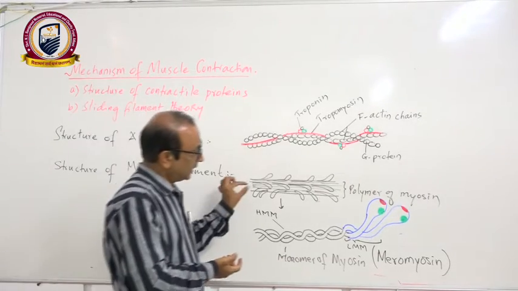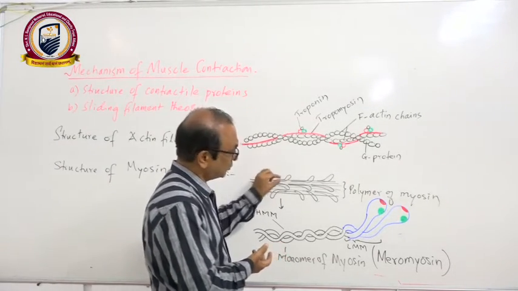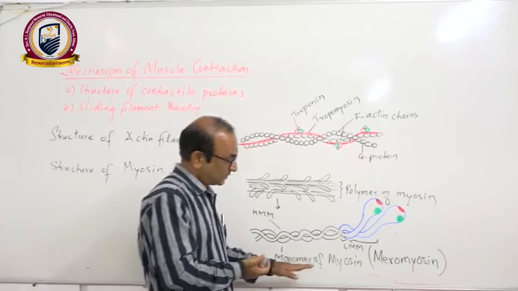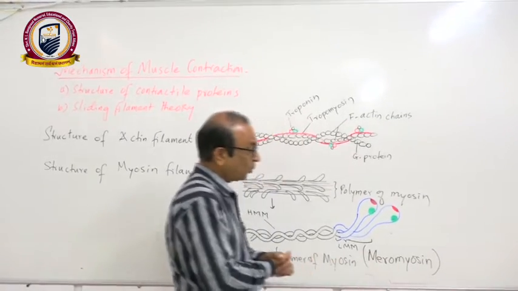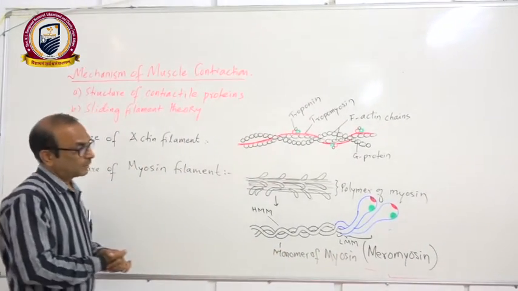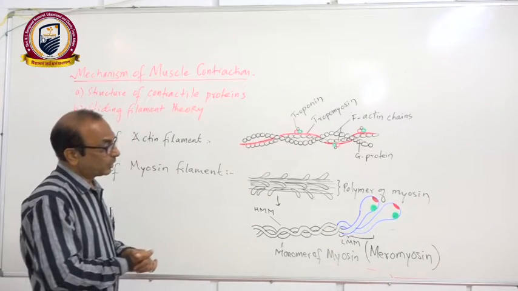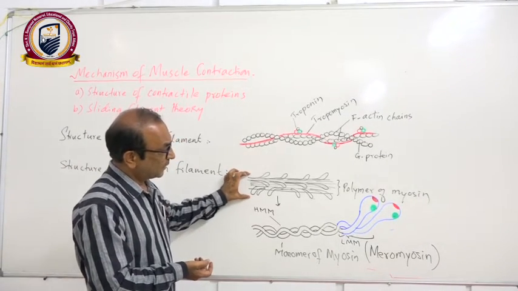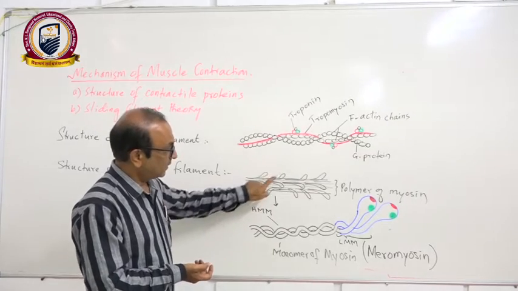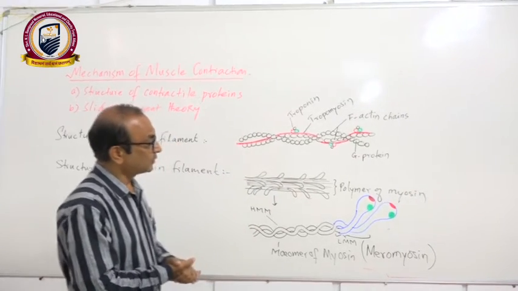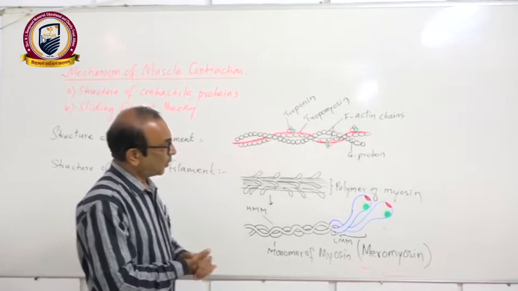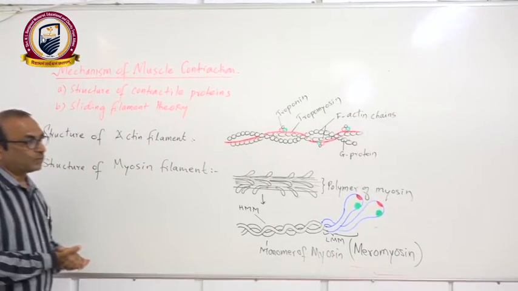If you take a single unit out of this monomer, we can call it a meromyosin molecule. If you look at the myosin structure here, their heads are emerging out above the surface of the myosin filament.